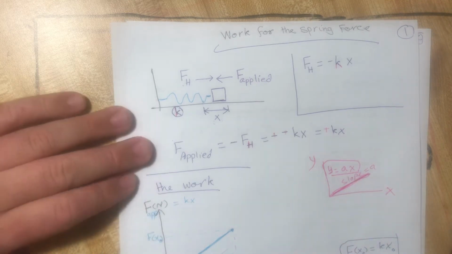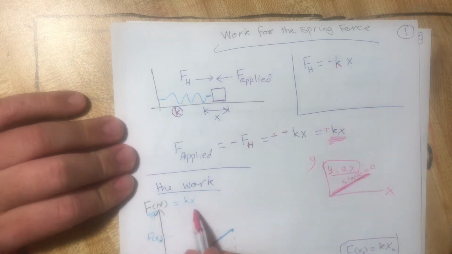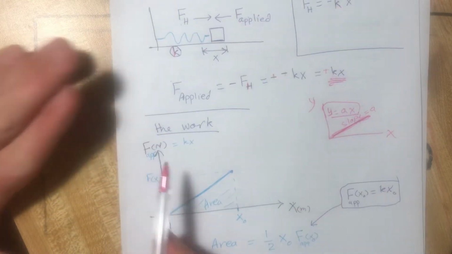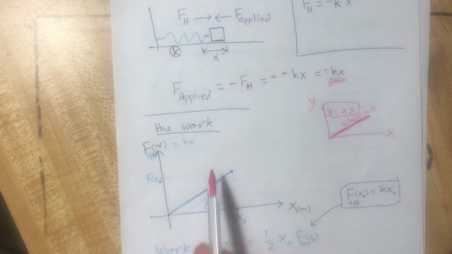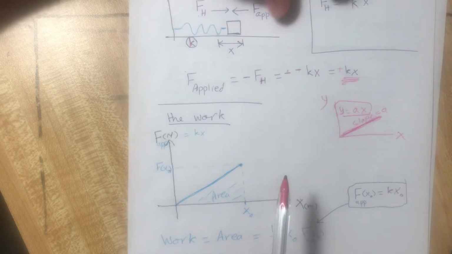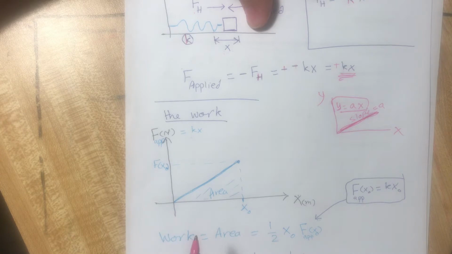And we have the equation F applied is equal to k multiplied by x. X is the variable and F is the function, a force function that depends on x, the displacement, and the constant of proportionality is the k constant.